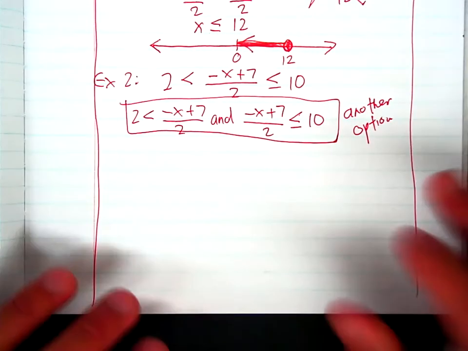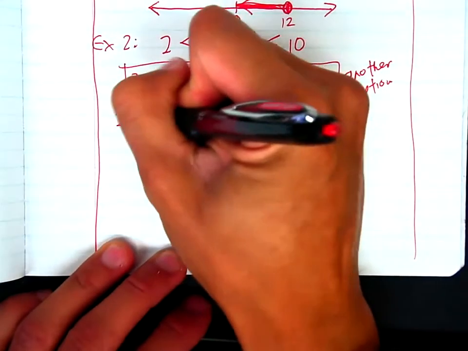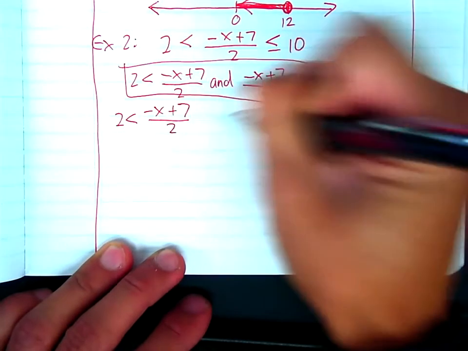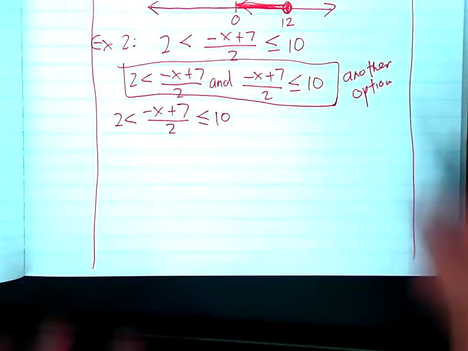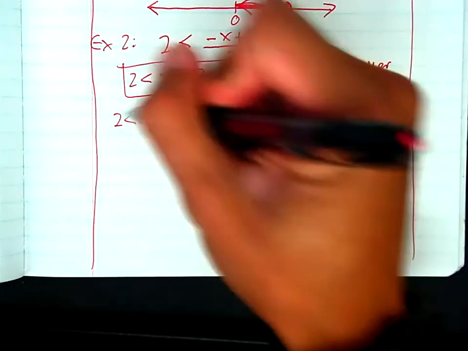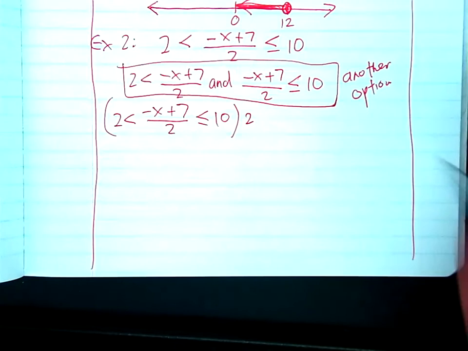All right, so let's finish solving this one. 2 is less than negative x plus 7 divided by 2 is less than or equal to 10. I want x all by itself in the middle. So the first thing I'm going to do is multiply the whole inequality by 2.